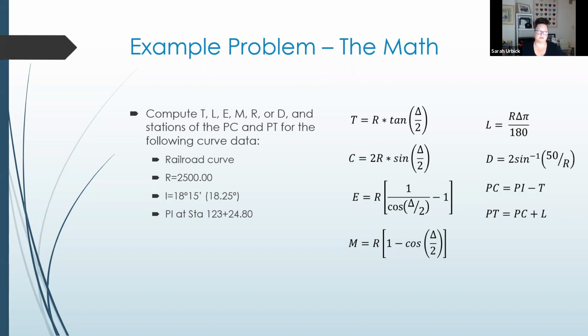What's the radius? We've been given an interior angle. We're given a point of intersection at a given station. Using all of our newfound favorite formulas, how do we find all the missing pieces? Go down the list based on what we know, based on what we can find out. Begin at the beginning.